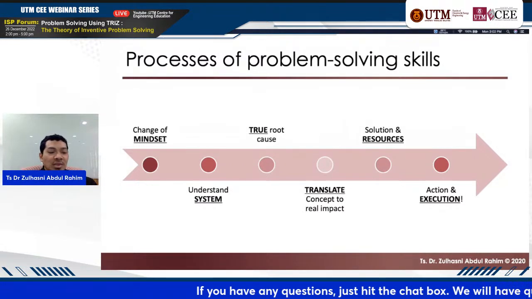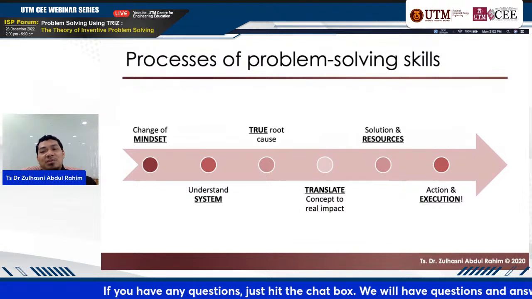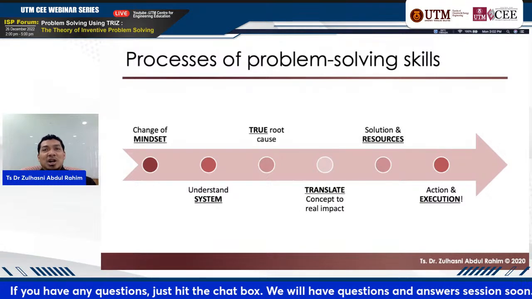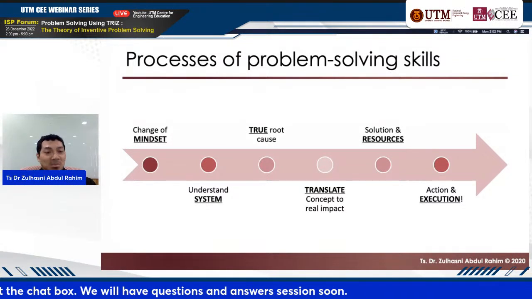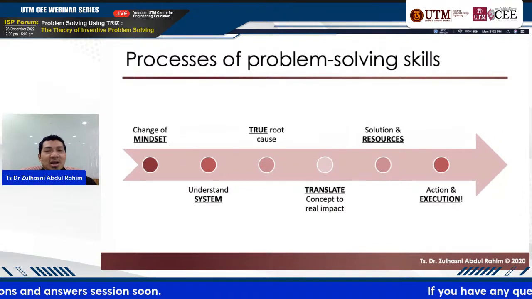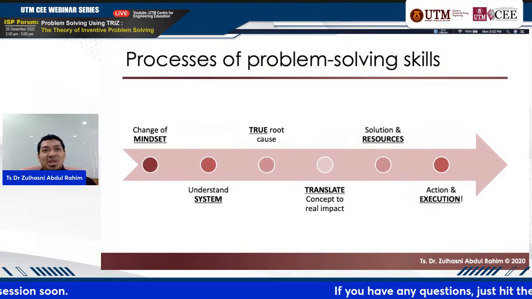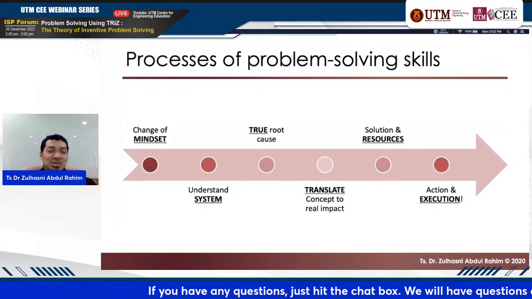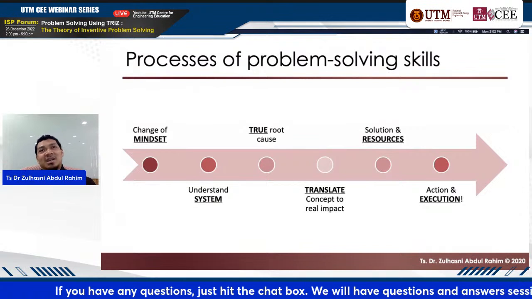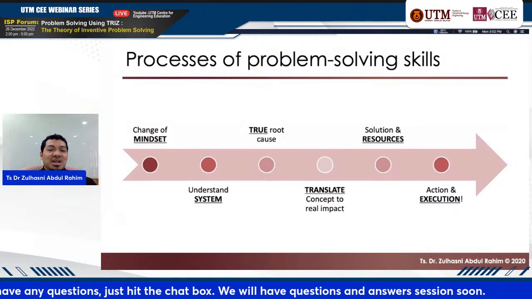This is very difficult for normal people. Normally they will do assumption, guessing, and try to find the root cause based on the assumption. And most of the time, the assumption is not right. This is very, very challenging.